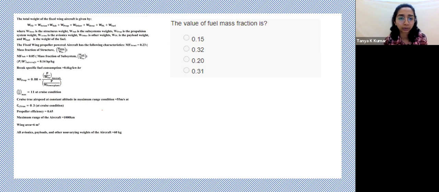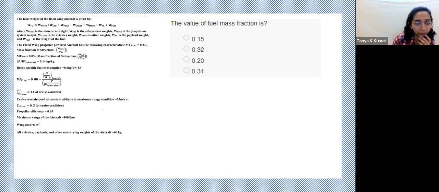Can you try to get some clue from it? Where do we begin? I'm just giving a hint, we begin with the range formula.